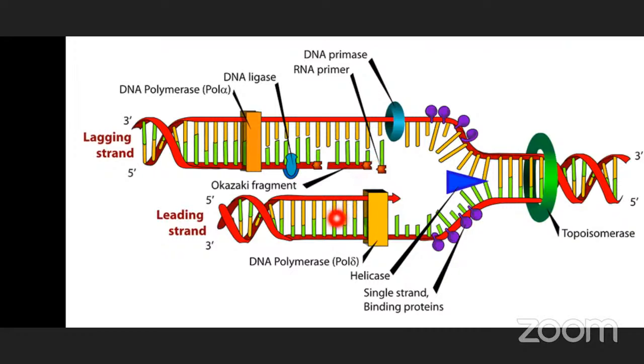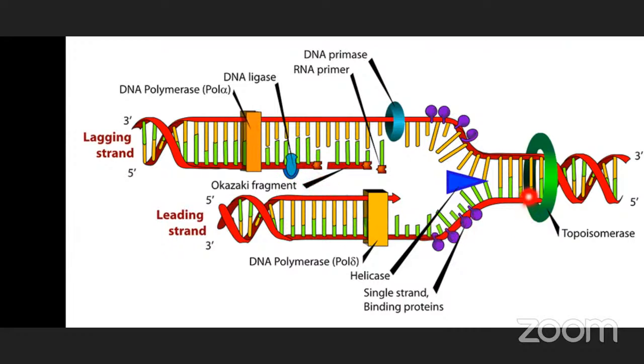The DNA molecule consists of two strands, but only one strand is involved in the replication process at first. Later, after some time, the other strand is also involved. The two strands are not simultaneously involved in the replication process.